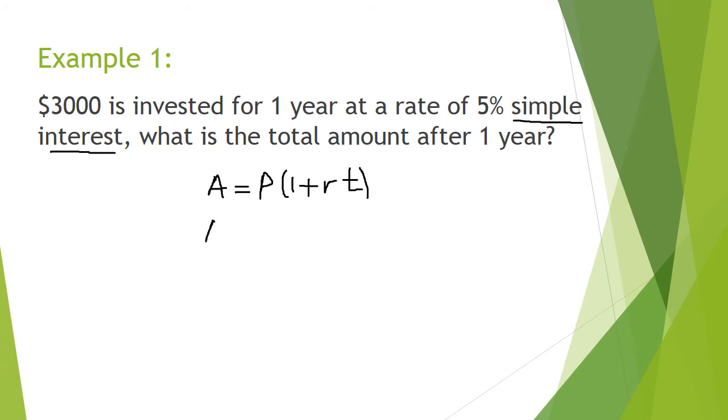So A equals $3,000 times 1 plus 5%, which is 0.05, times 1 year.